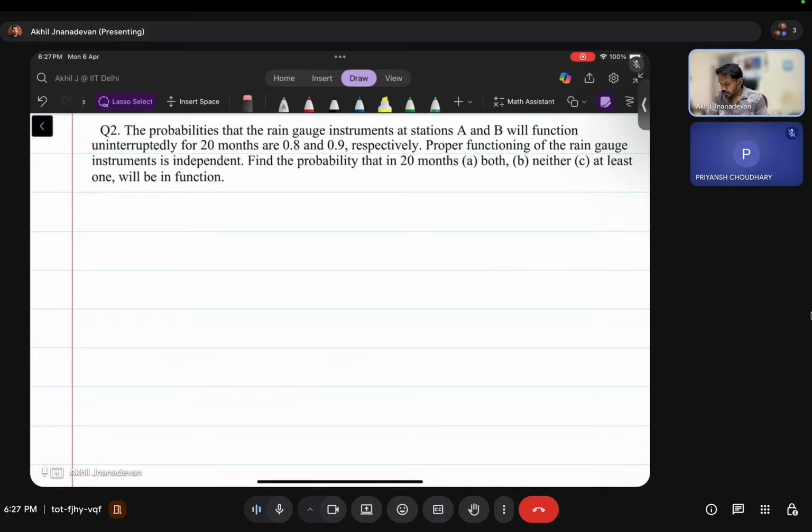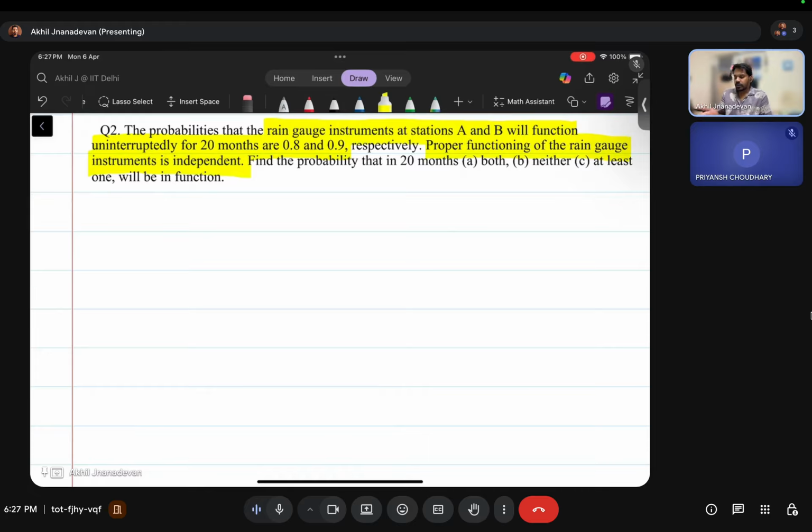The probability that rain gauge instruments at station A and B will function uninterruptedly for 20 months is 0.8 and 0.9. So there are two rain gauge stations, A and B, and the probability that they will function for 20 months without any failure is 0.8 for station A and 0.9 for station B. Proper functioning of the rain gauge instruments is independent, so they are not dependent on each other.